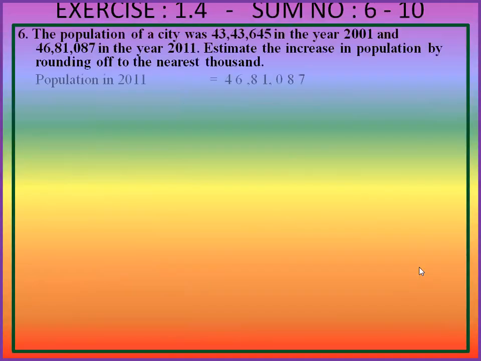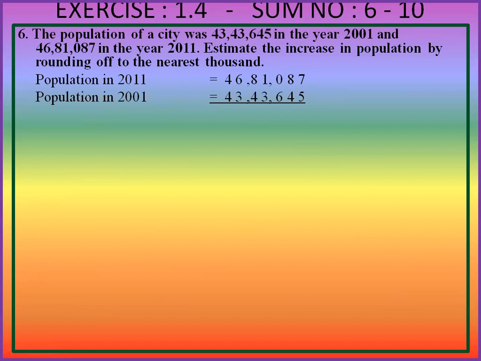The population of the city was 43,43,645 in the year 2001. And in 2011, the population of the town was 46,81,087. Estimate the increase in population by rounding off the nearest thousands. So here, they want you to find the increase in population.